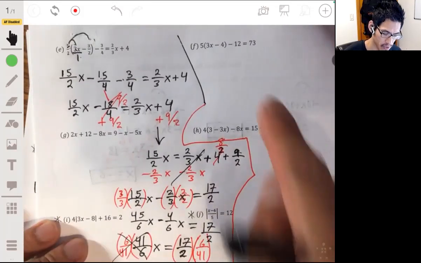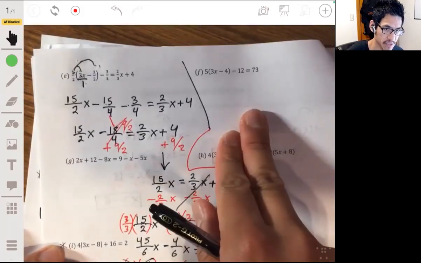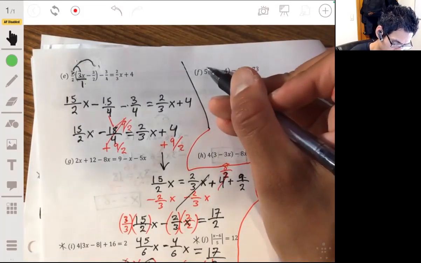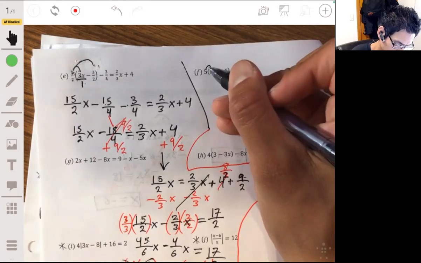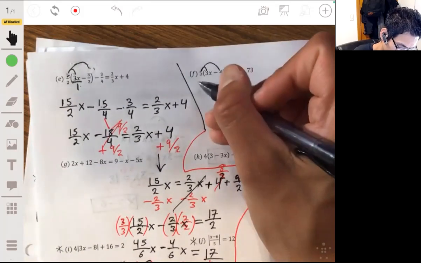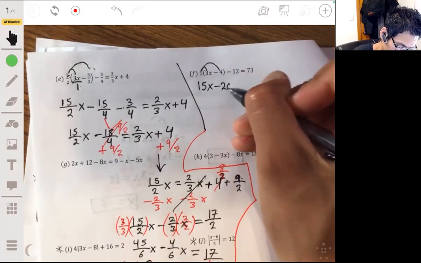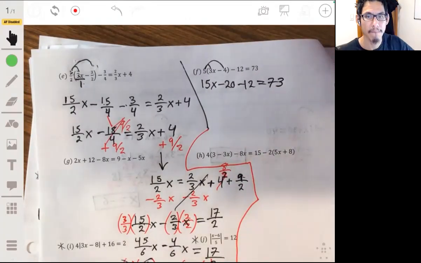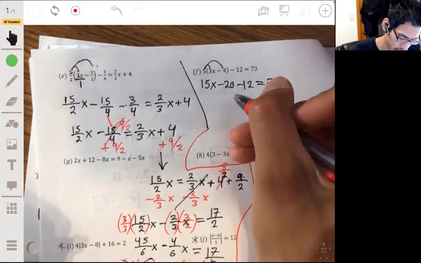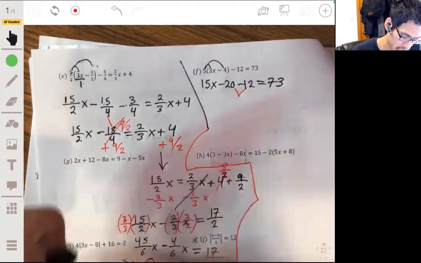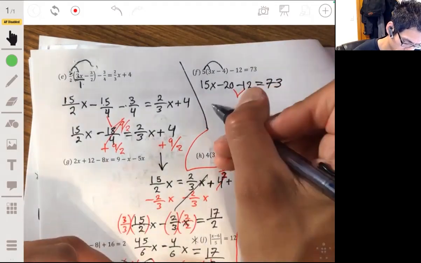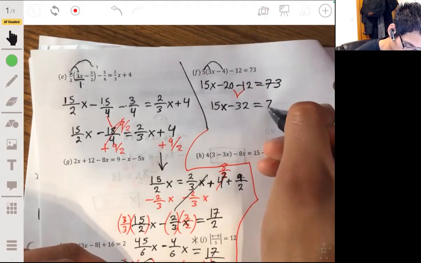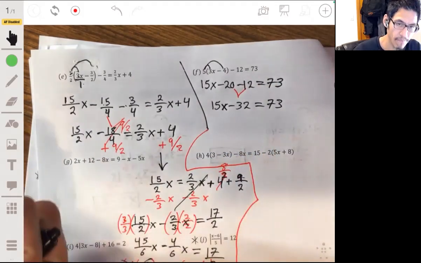Well, don't worry. Got space for this next one. Okay, F. Distribute the 5 to the 3x and the -4. So 15x minus 20 minus 12 equals 73. Combine the 20 and 12. So 15x minus 32 equals 73.